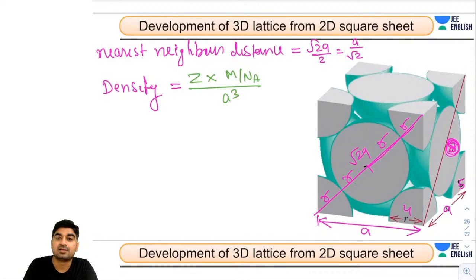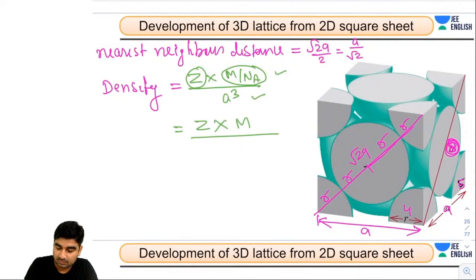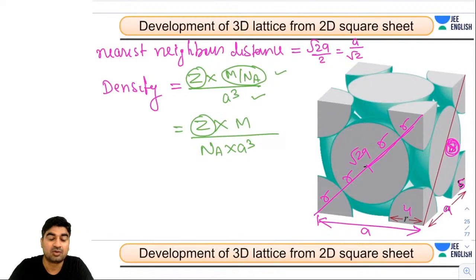What is this? M over Na is the mass of one atom. Z is the number of atoms in one unit cell, so this is the total mass in one unit cell, and this is the total volume. So it would be Z into molar mass over Na into a cubed, and Z would be 4. You have already calculated the number of atoms per unit cell, and I hope now you got it.